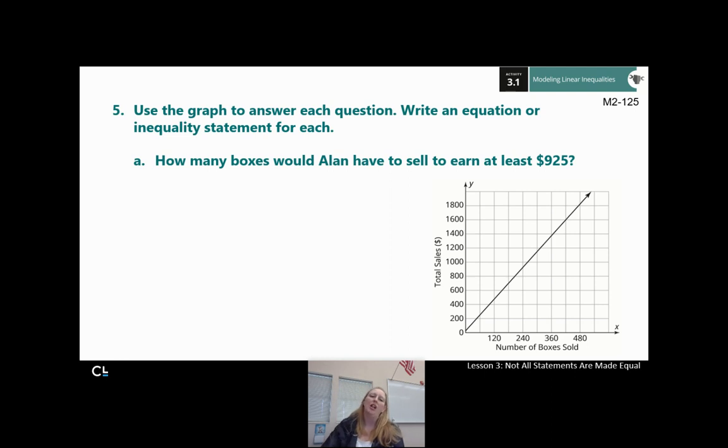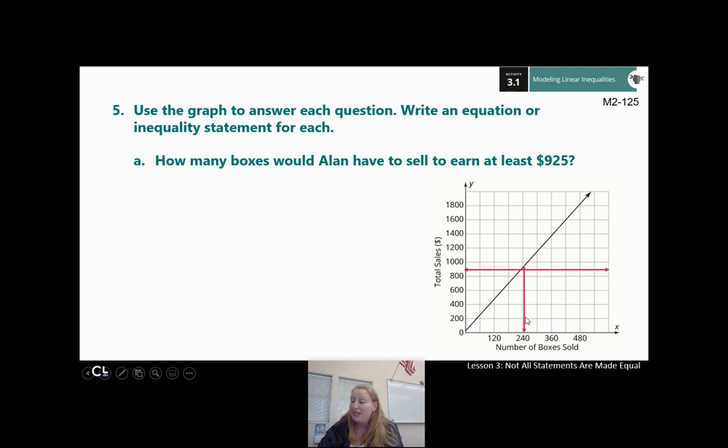So first of all, how many boxes would Alan have to sell to earn at least $925? So here's 800, here's 1,000. I drew my horizontal line through here at roughly where 925 would be. It's not perfect, but I get the idea. And then I'm going to make my drop down and make my vertical line.